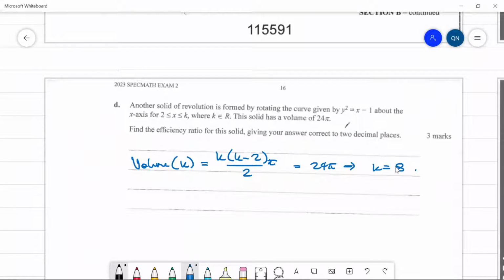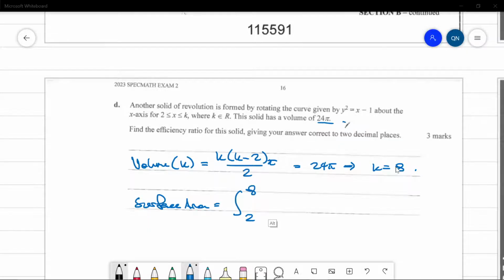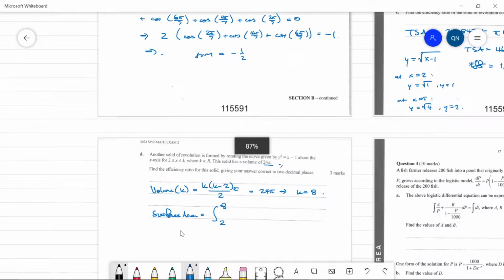All right, so we got the volume sorted, and now we just got to deal with the surface area. So surface area is going to be equal to the integral from 2 all the way up to 8 of the exact same integral we had before.